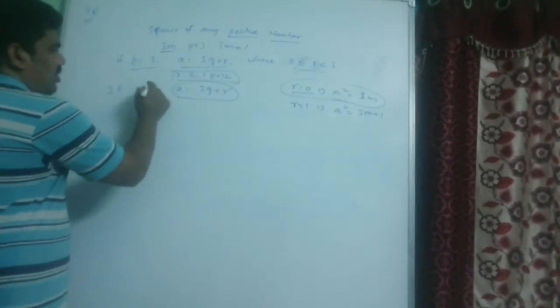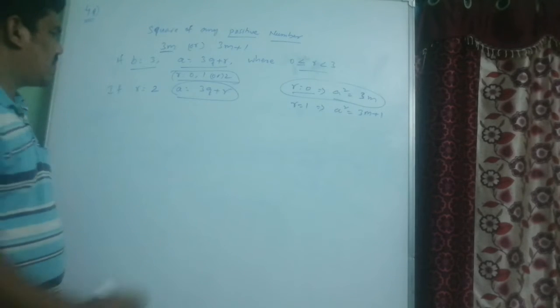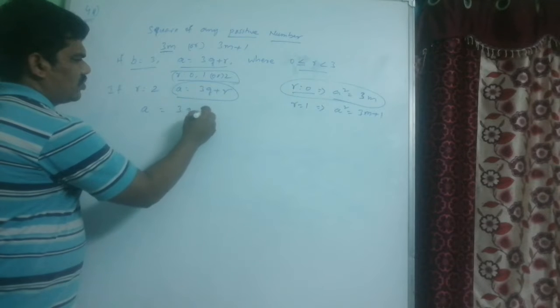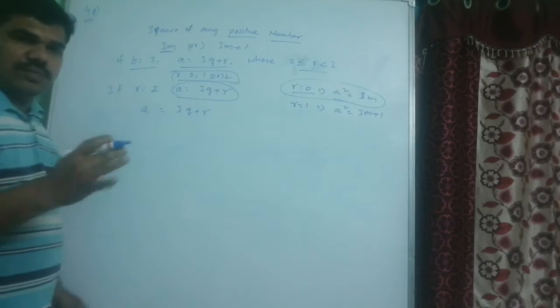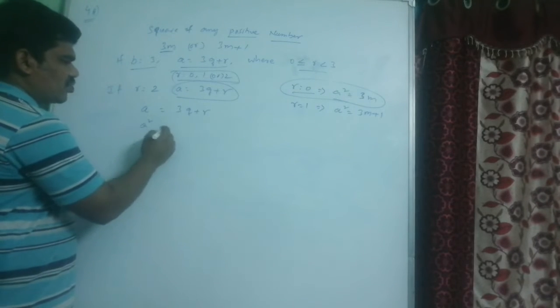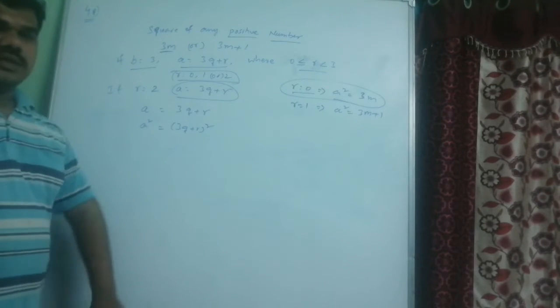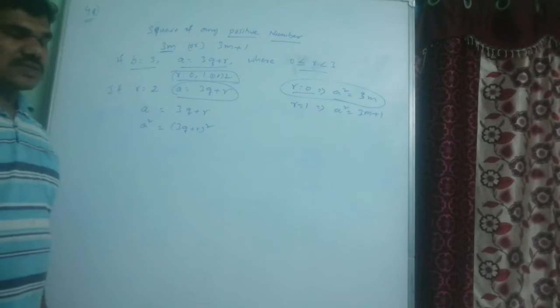Once again, you have to take r is 2. r is 2 means a equal to 3q plus r. So square on both sides, a square equal to 3q plus r whole square.